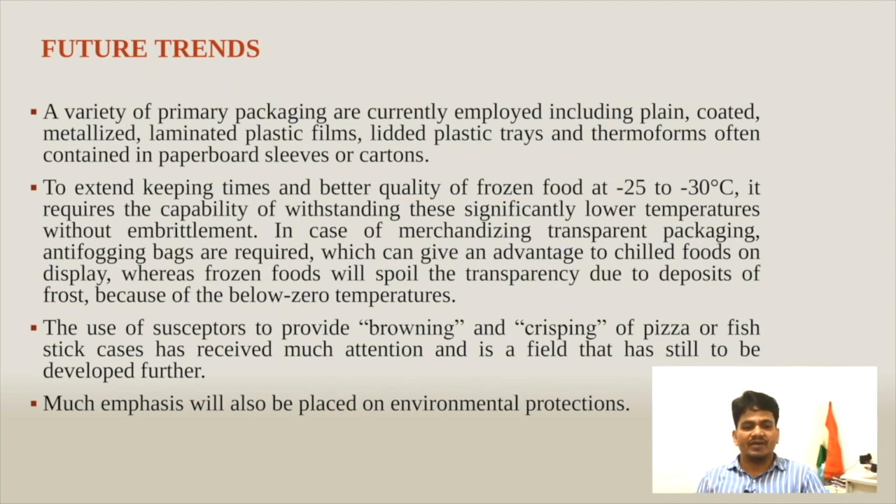In case of mechanizing transparent packaging, the anti-fogging bags are required, which can give an advantage to chilled foods on display, whereas frozen foods will spoil the transparency due to deposits of frost because of the below zero temperatures. The use of susceptors to provide browning and crisping of pizza or fish steak cases has received much attention and is a field that has still to be developed further.